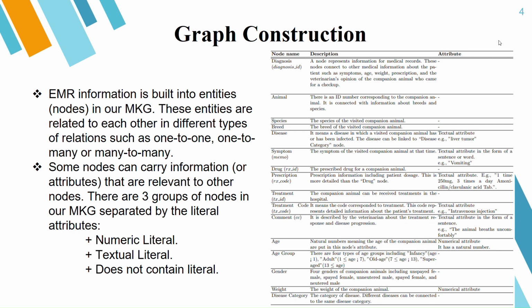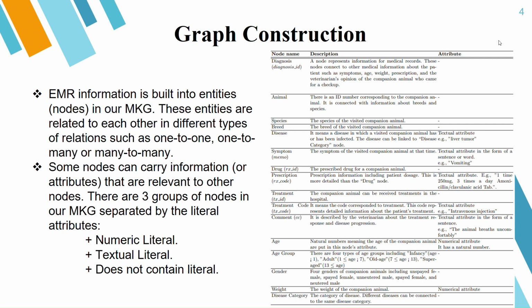From the electronic medical records we separate the data into many entities, or nodes, in the medical knowledge graph, and these entities are related to each other in different types of relations, such as one-to-one, one-to-many, and many-to-many. And some nodes can carry information or attributes that are relevant to other nodes.